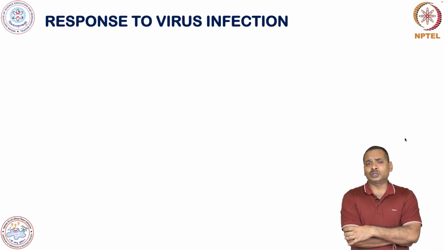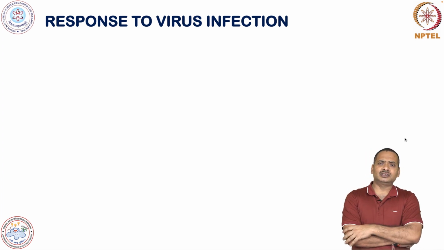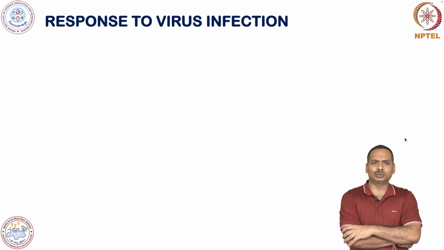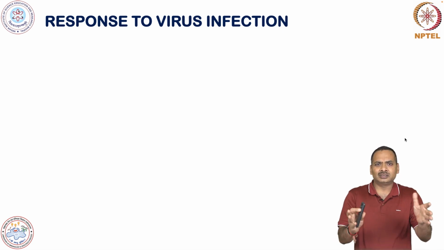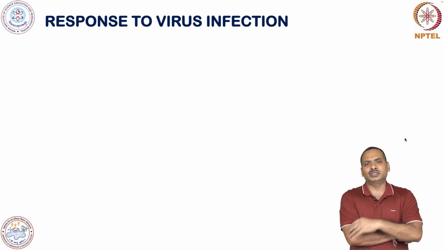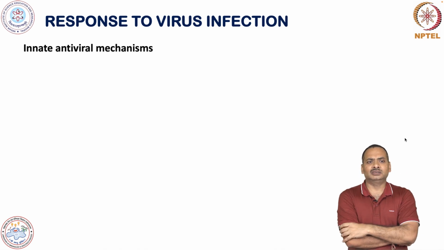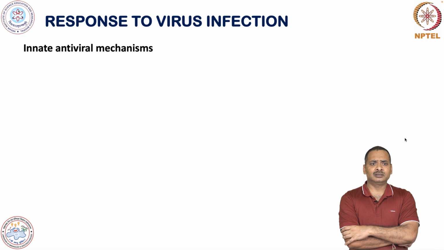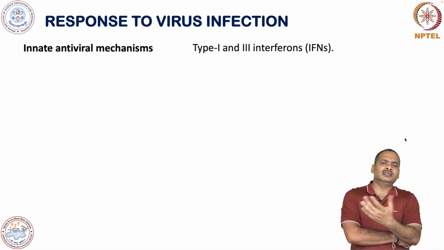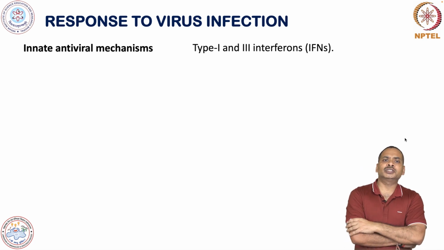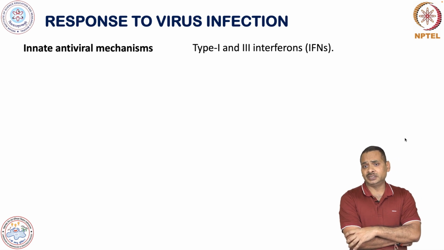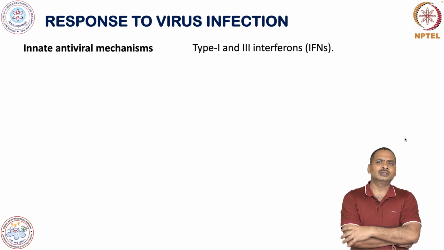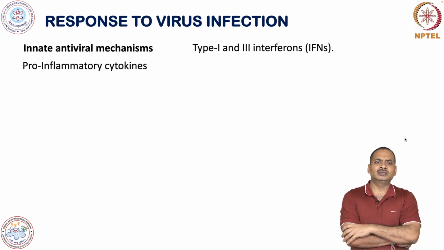The responses to virus infection I have discussed earlier, but I will quickly go through them so that you put it in this perspective. During virus infection, this is happening. There is an innate antiviral mechanism, and you know that there is production of type 1 and type 3 interferons, which is one of the key things.